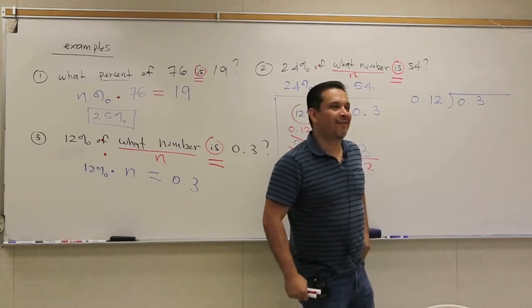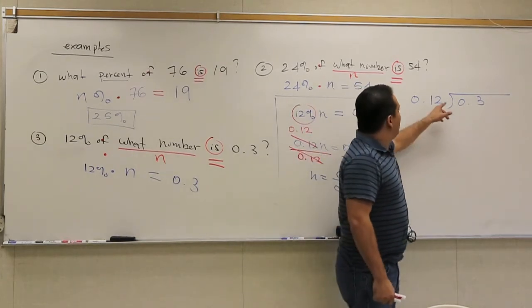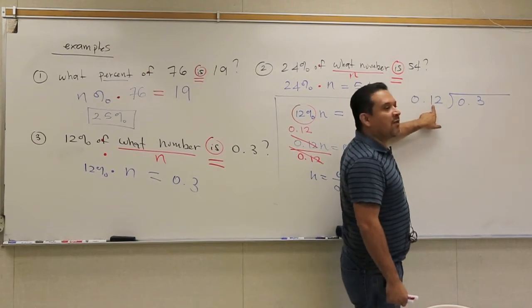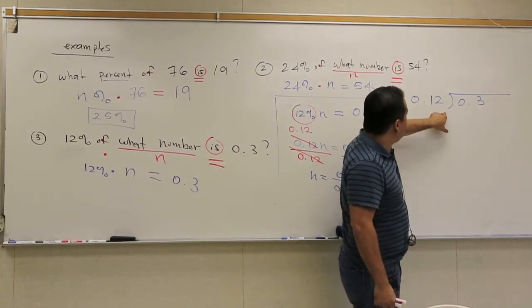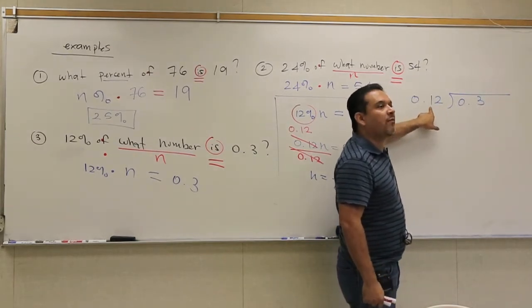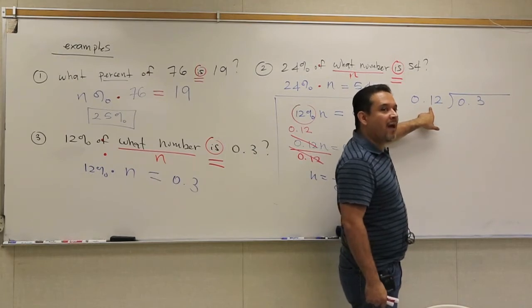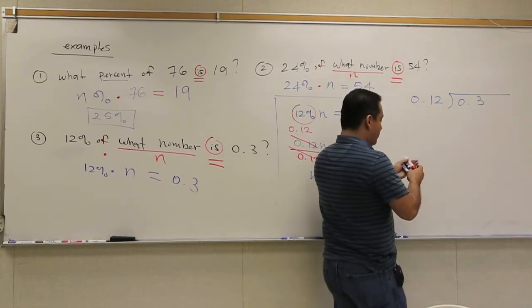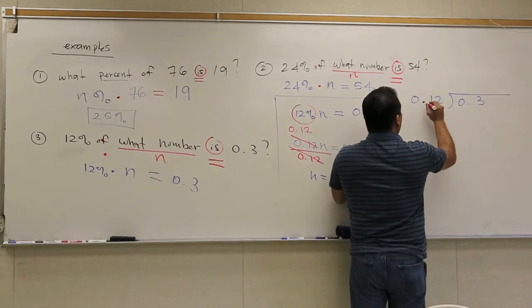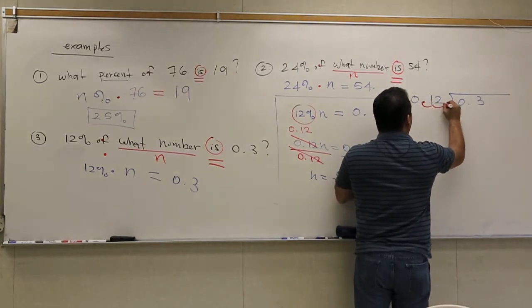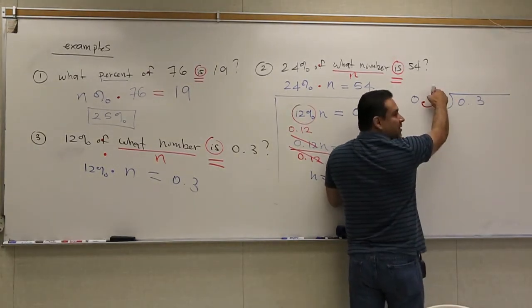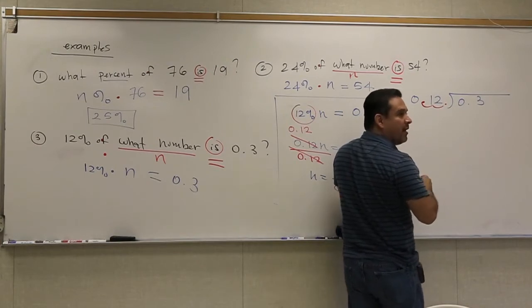The amount of times you move the decimal to the right. Well, you look at this decimal here. You want this to be a whole number. It's not a whole number. So you move this decimal 2 spaces to the right, because that now makes the 12 a whole number. You with me on that?